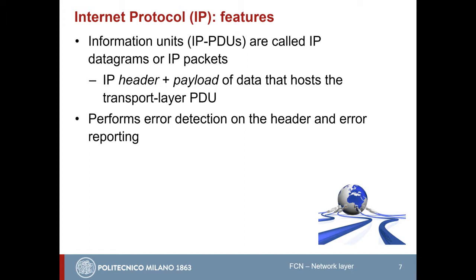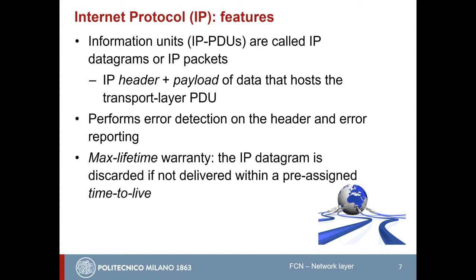And there is an error reporting mechanism. So the error is notified. No action is taken to correct the error, but still we have the error notification. In particular, this notification is carried out using the ICMP protocol we are going to talk about.